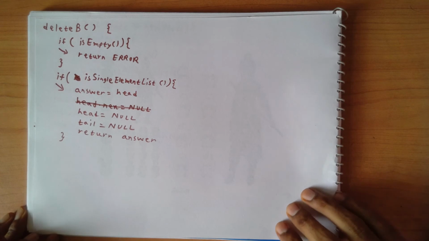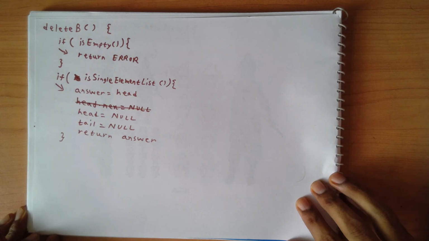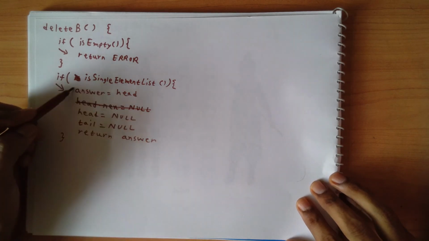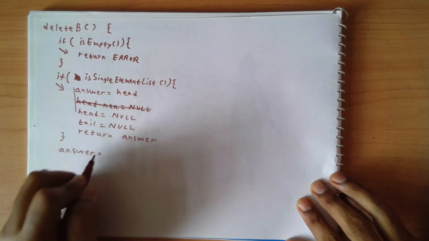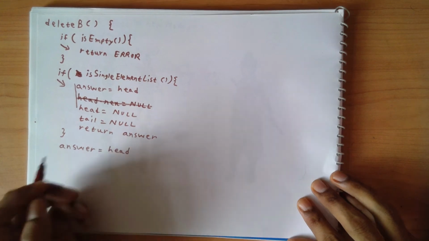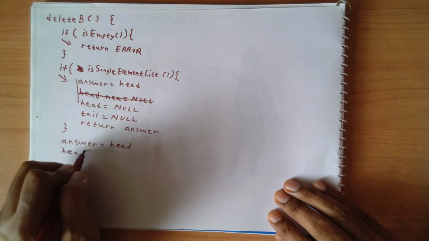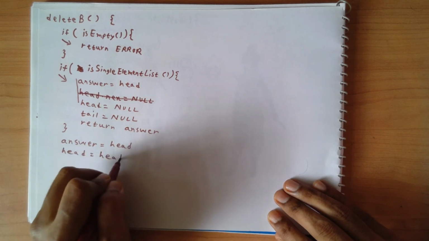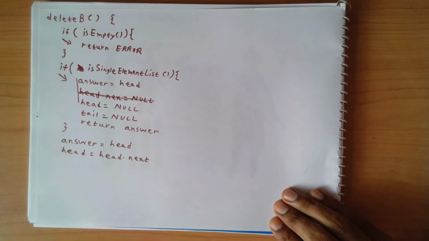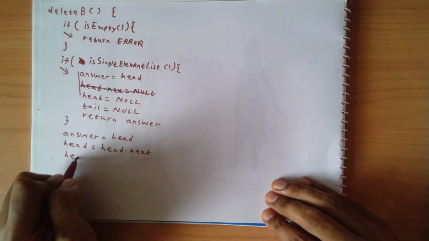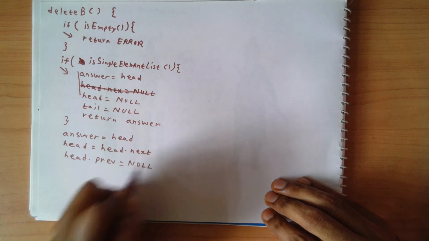Now if my list has more than one element, it would be something similar. I will still have my answer equal to head. Now I have collected my answer, and then head should be equal to head.next, and once I have shifted my head pointer to the next node, I should set head.previous equal to null.